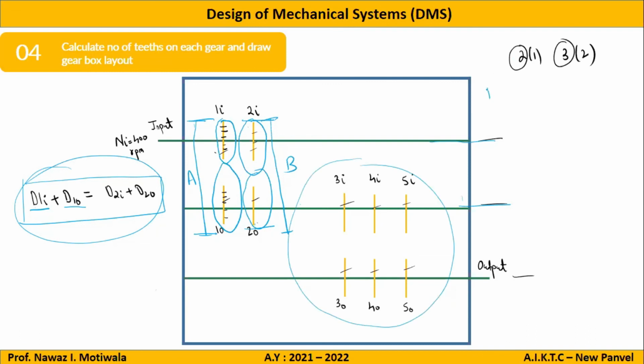D3I plus D3O is equal to D4I plus D4O is equal to D5I plus D5O. Is it correct? Okay. Yes, sir. Correct. That's it. So with this concept, we will stop here and we will continue in the next class and we will complete the entire gearbox design.